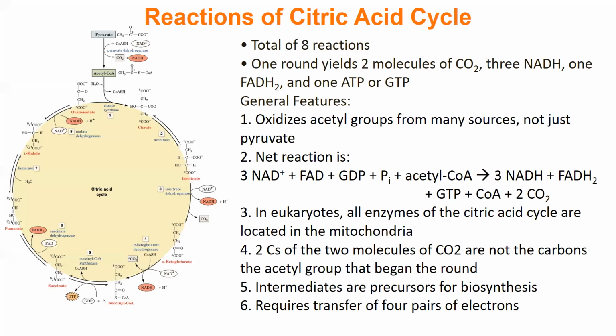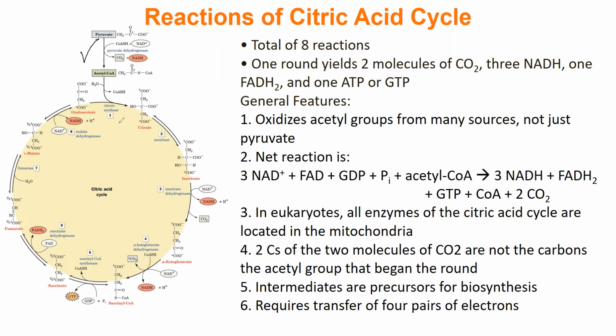So today, the rest of today, we're going to talk about the citric acid cycle proper, right? So Thursday, in the beginning of today, we talked about the activation step of how to go from pyruvate to acetyl-CoA. The rest of the time today, we're going to talk about the whole citric acid cycle.